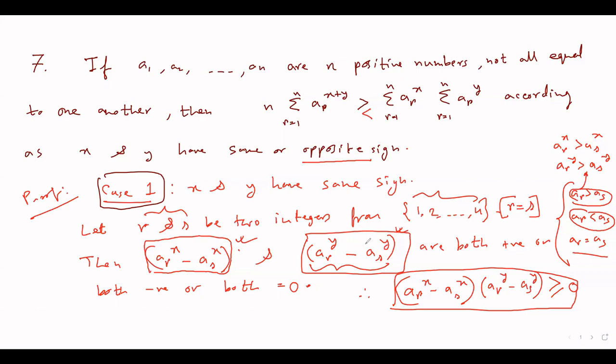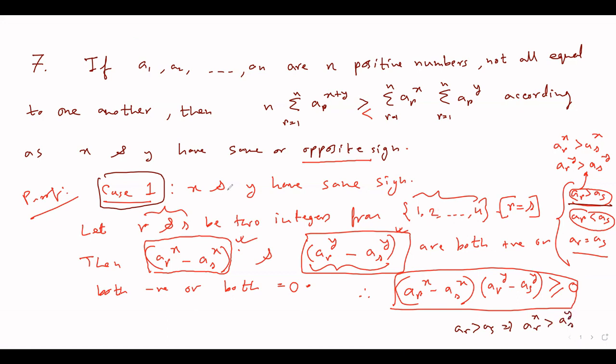If X and Y have opposite signs, what differences are we going to observe? Similarly, if you have AR greater than AS, just like before, it would mean AR to the power X is greater than AS to the power Y.